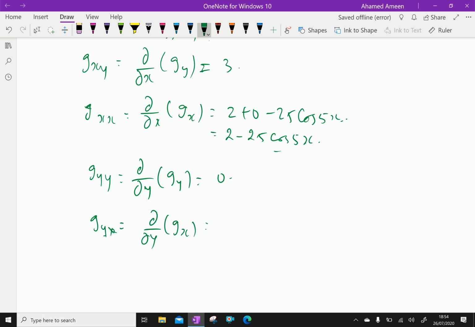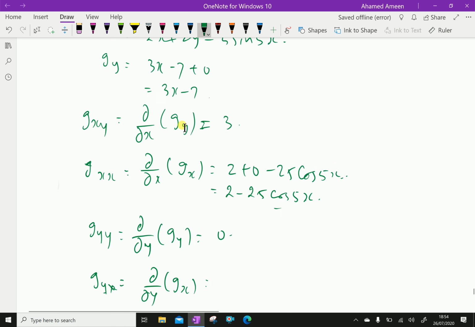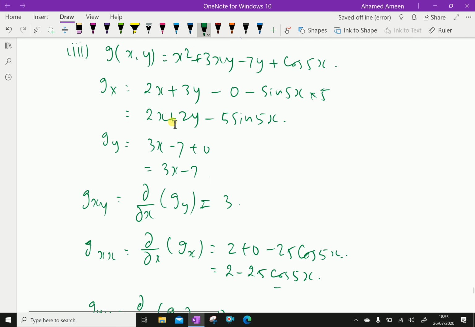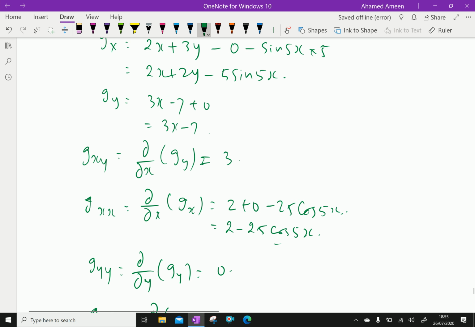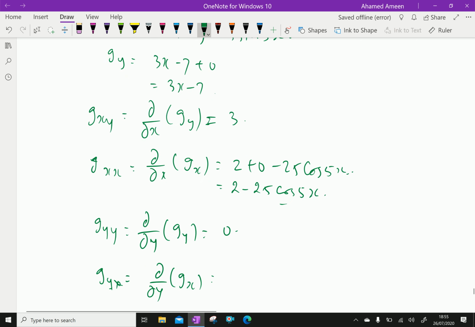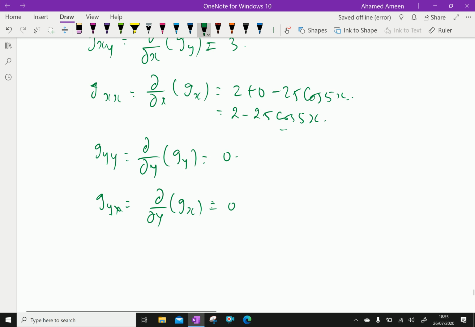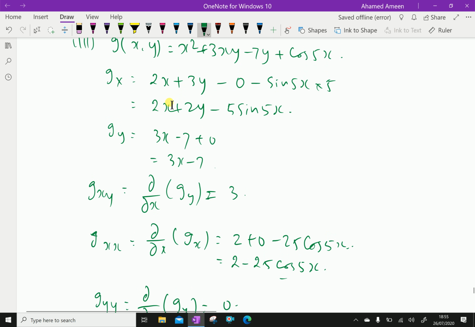Here g of x with respect to y: 2x is 0, 3y is 3. Now we have to find g of yx. Here g of x is 2x plus 3y minus 5 sine 5x.